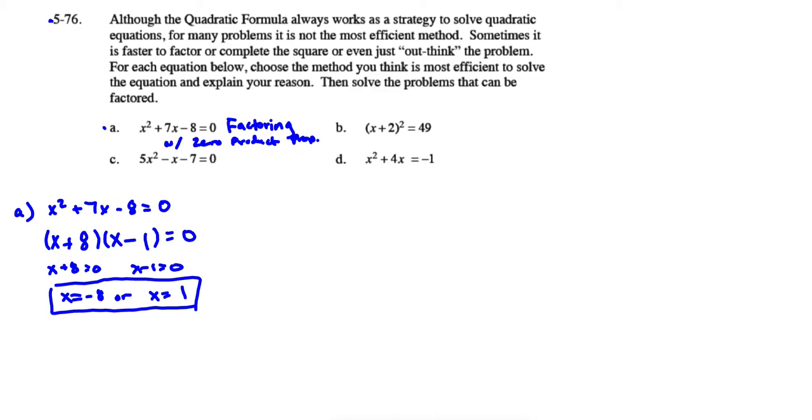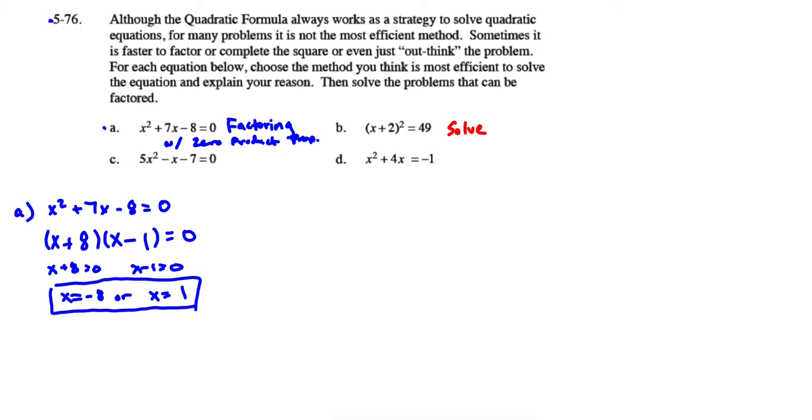Okay, let's look at B. Letter B, we have x plus 2, that quantity squared, equals 49. The difference between this one and the last one is, notice we have two x terms in that first one. Here we just have one single x and it's inside the grouping symbols. Since our grouping symbol is already isolated, I think the easiest way to solve this one would be to use square roots.